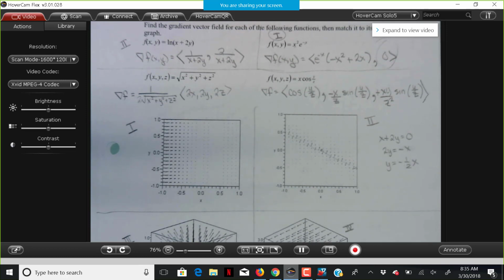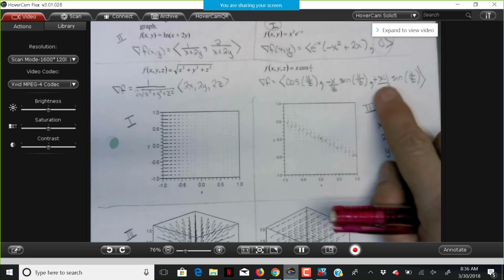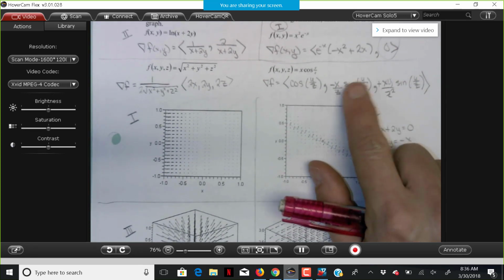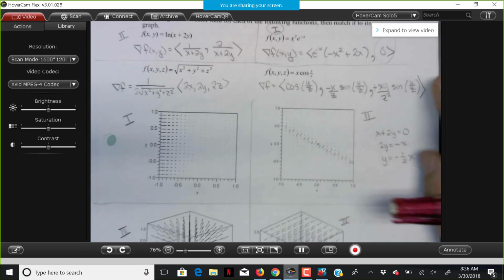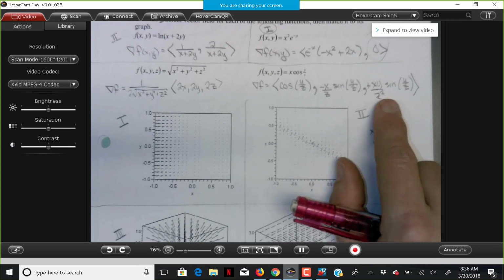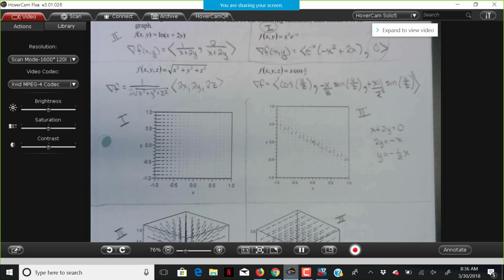Okay, so this one I can do pretty easily. Like here again, I know when z gets big, well, sine is always between plus and minus 1. So I either have x or xy in the numerator, but when z gets big, those fractions get small. So when we get really high, then the vectors should get almost flat, right?